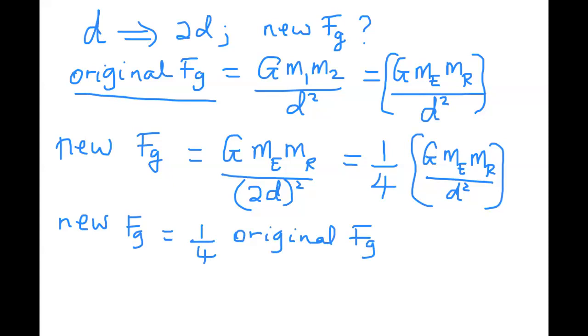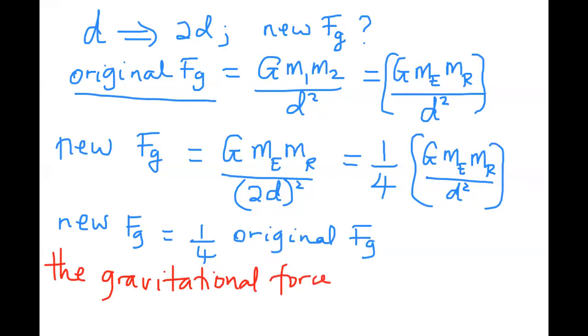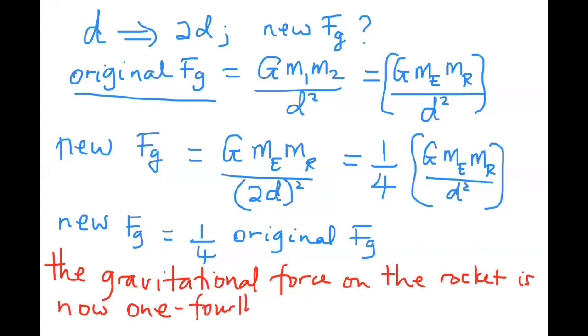So that's the statement you can make: the gravitational force on the rocket is now 1/4 of the original one.